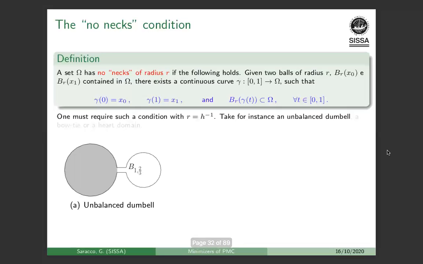The first is what I call the unbalanced dumbbell: take a ball of radius 1 and a ball of radius 2/3, spaced far apart, and join them with a thin tube. In this case, there is a unique Cheeger set, which is given by a perturbation of the ball of radius 1. So the Cheeger constant is going to be very close to 2.